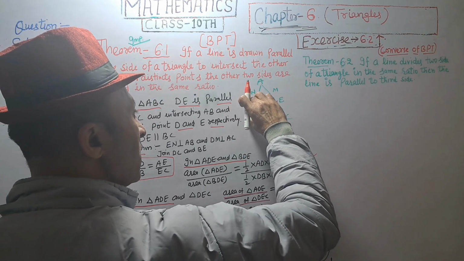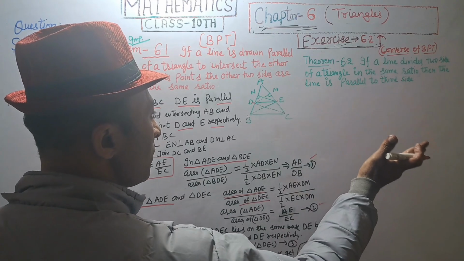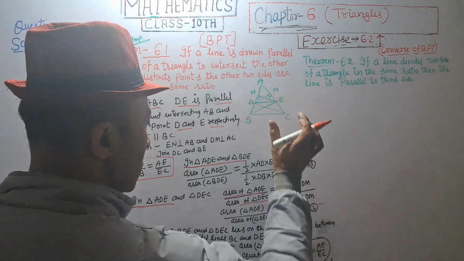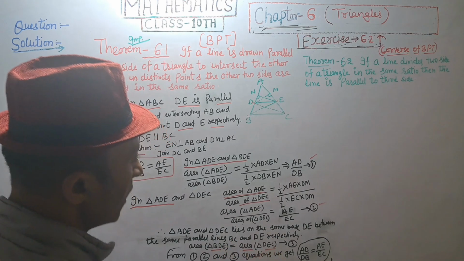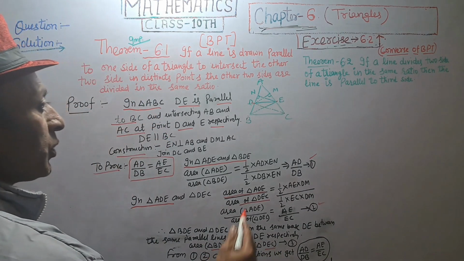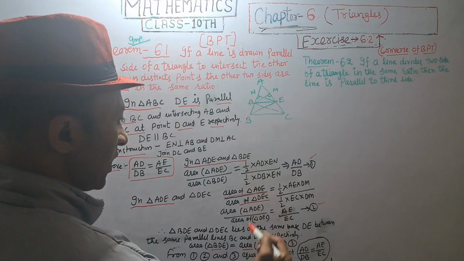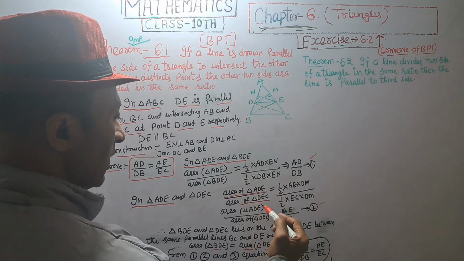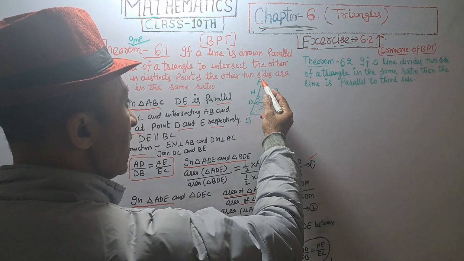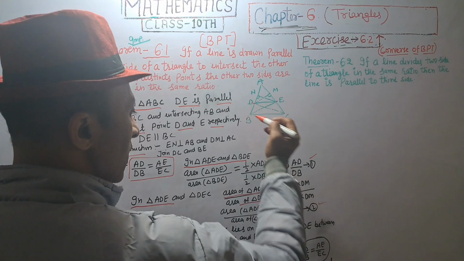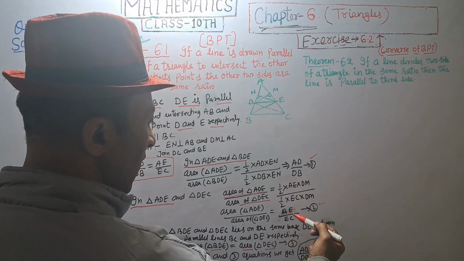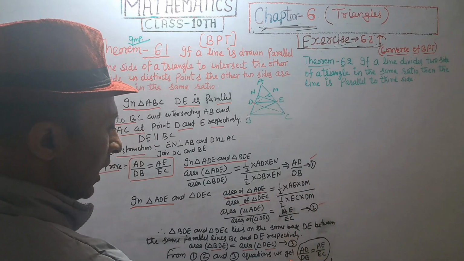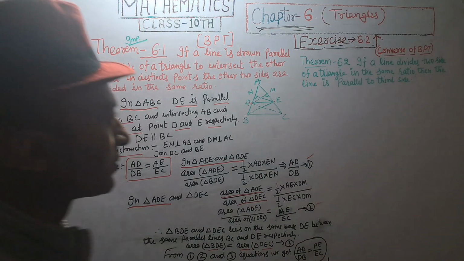So area of triangle BDE is equal to area of triangle DEC, and it's equation number third. From equations first, second and third, clearly we get AD upon DB is equal to AE upon EC. Hence proved.